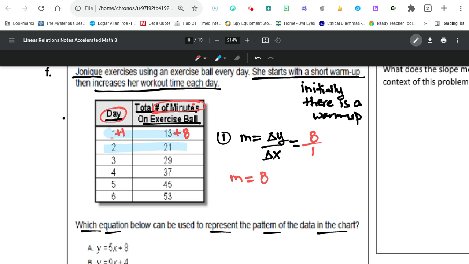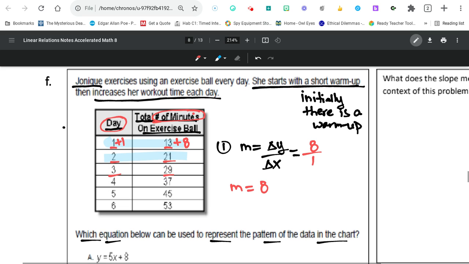So like as you can see on day 1, she spent 13 minutes. Day 2, she spent 21. Day 3, she spent 29, okay? So the number of minutes depend on the day. The more days, the more she increases her minutes, all right? So this has to be first, and then that has to be second.